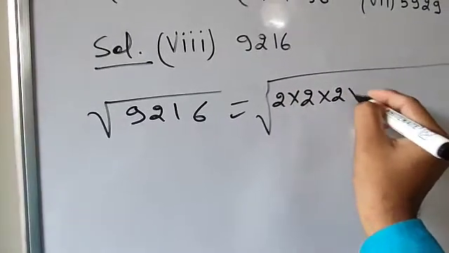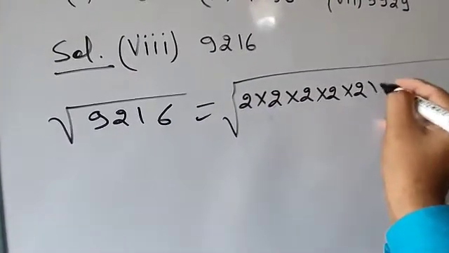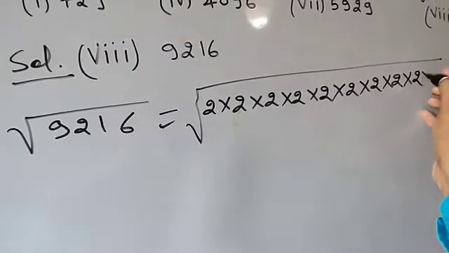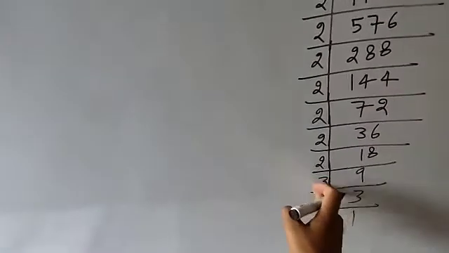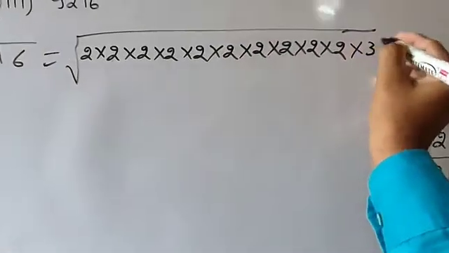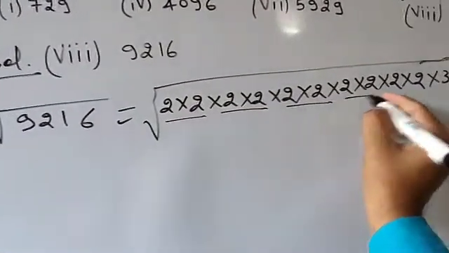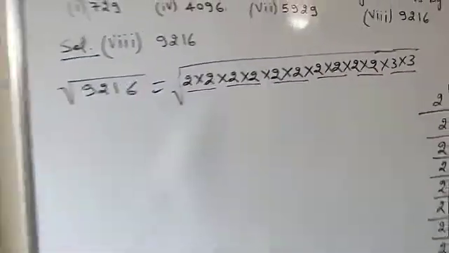And after that 2 3s are there, so 3 into 3. Now make the pairing: 1 2 3 4 5 6, total 6 pairs are there.